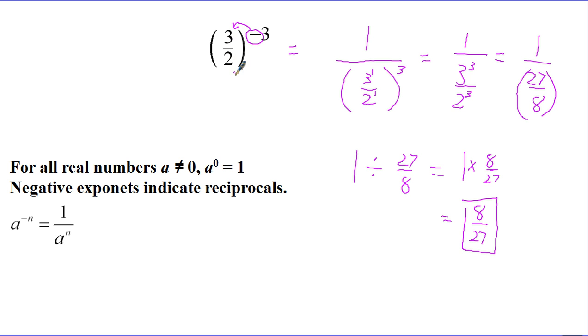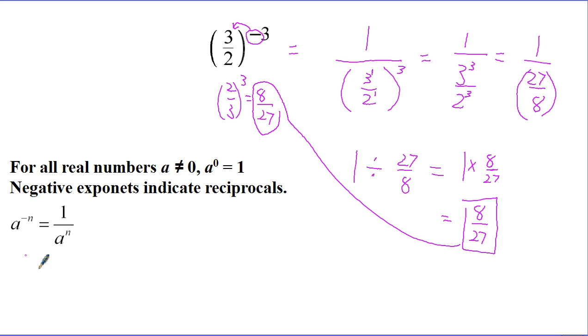Instead of being 3 over 2, call it 2 over 3, and now raise that fraction to the third power. So that would be 2 to the third, which is 8, divided by 3 to the third, which is 27, and I get the same answer in a much quicker way. So the quickest way to think of applying a negative exponent onto a fraction is that it flips the fraction.